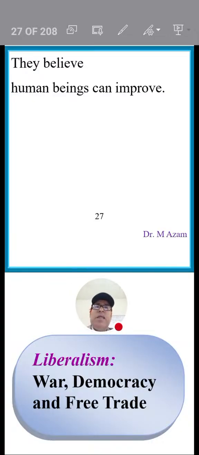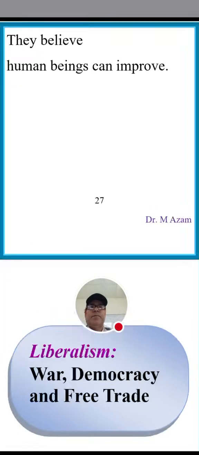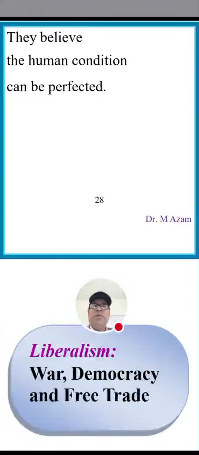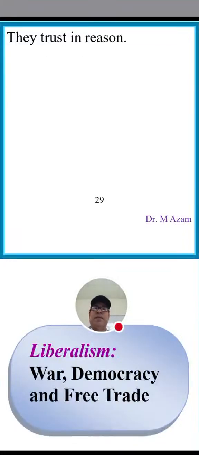So liberals believe human beings can improve. They believe the human condition can be perfected. It can be made the best. They trust in reason. Humans have reason.